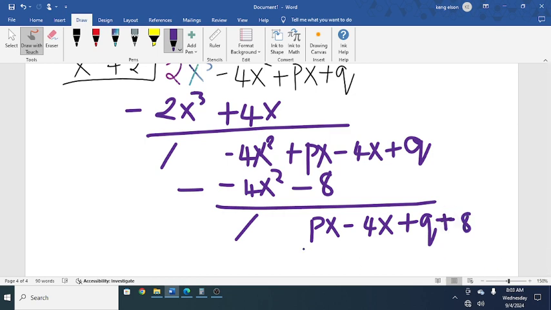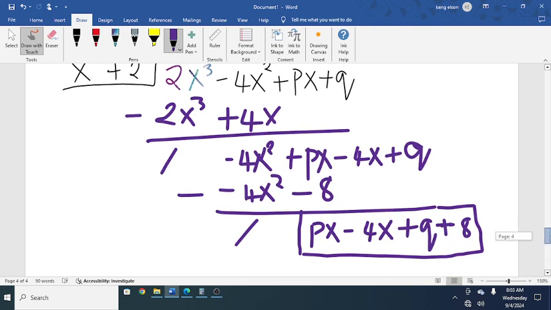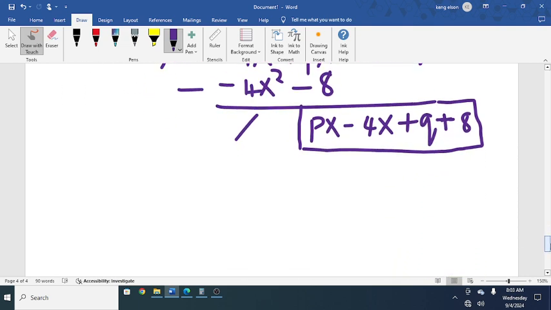This is what we have at the end of the day. We cannot continue dividing because the highest power of this polynomial is 1, but the power of my divisor is 2 because I have x squared.